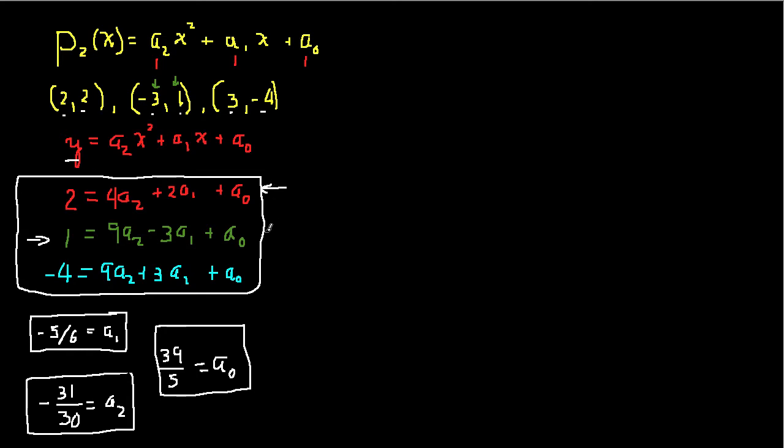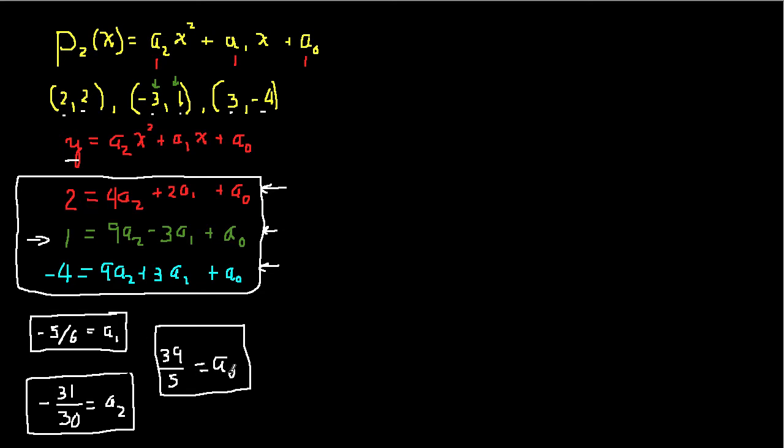One point gives me this, the second point gives me this, and the third point gives me this equation. So I have 3 equations and 3 unknowns. The unknowns are a0, a1, and a2. And those 3 unknowns have to satisfy these 3 equations. I went through the solution in the previous video.